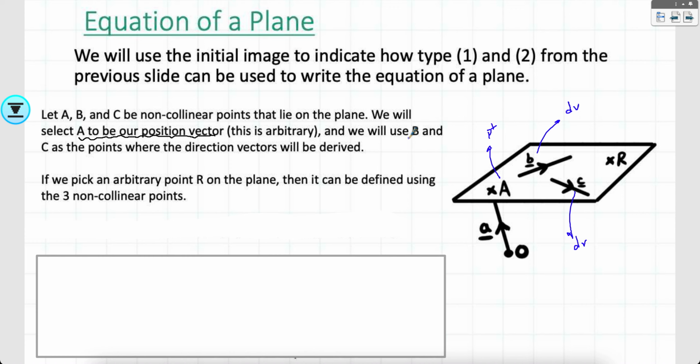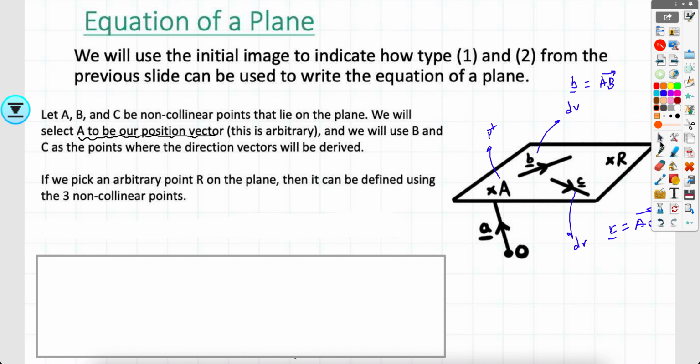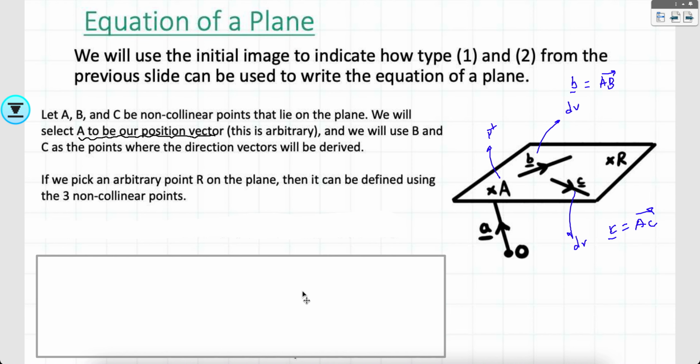And we can find the direction vectors: B would just be AB, and C would just be A to C. Now, to define this plane, just as we did for a line, I'm going to pick an arbitrary point R on the plane, and I'm going to write a way to define this R using the three pieces of information that I have.